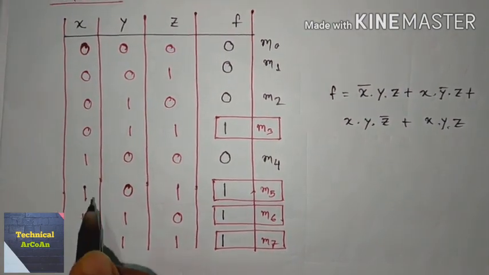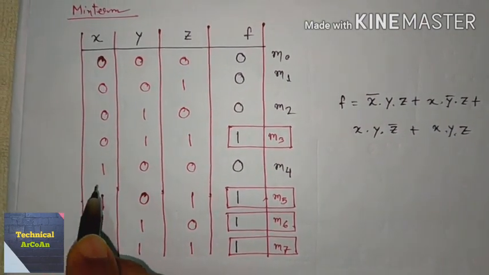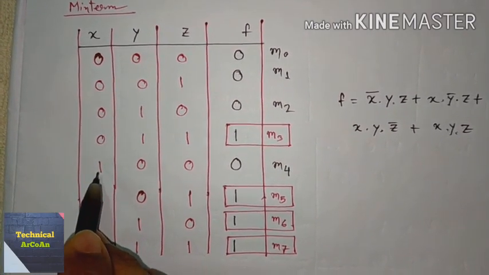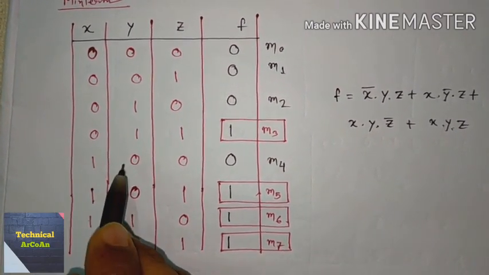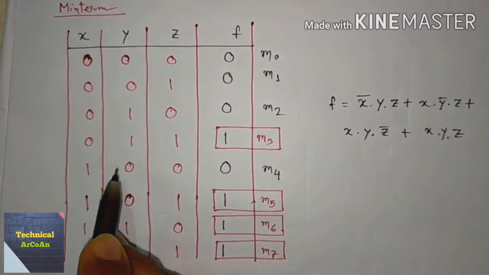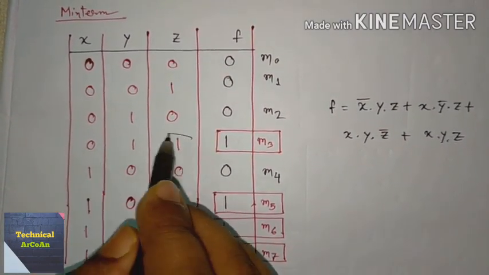Why? Because when the value of the variable is 1, the variable will be normal, and when the variable value is 0, the variable will be complement.